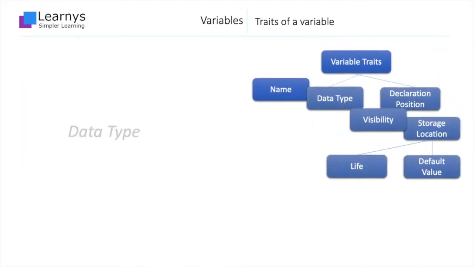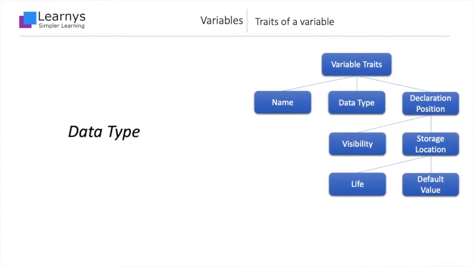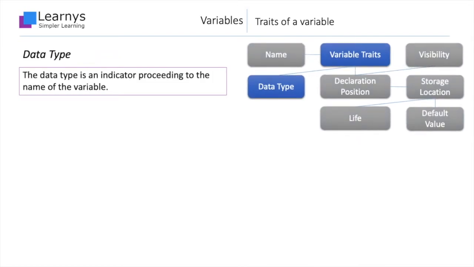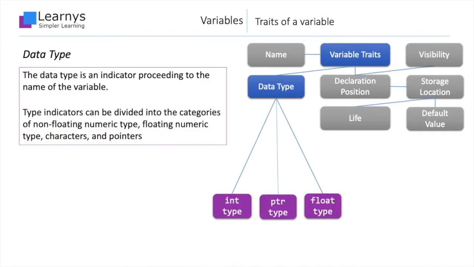Moving on to the second trait of a variable, the data type. The data type is an indicator preceding the name of the variable. Type indicators can largely be divided into the categories of non-floating numeric types, floating numeric types and pointers. We will be looking at pointers in a separate video.